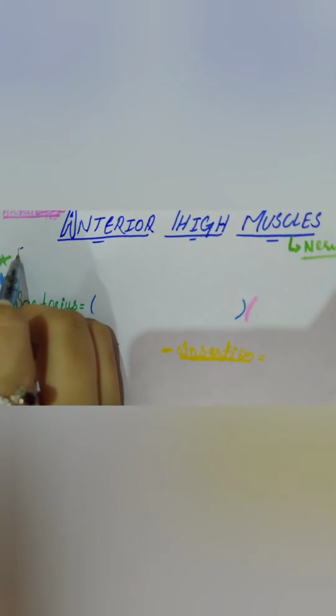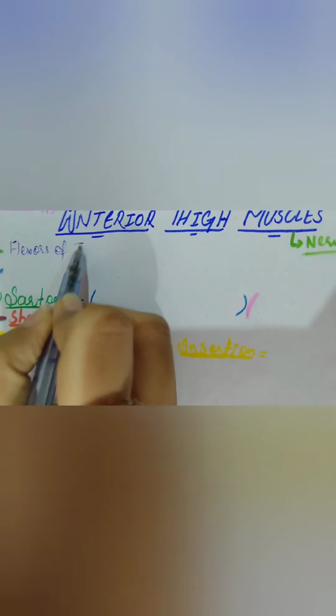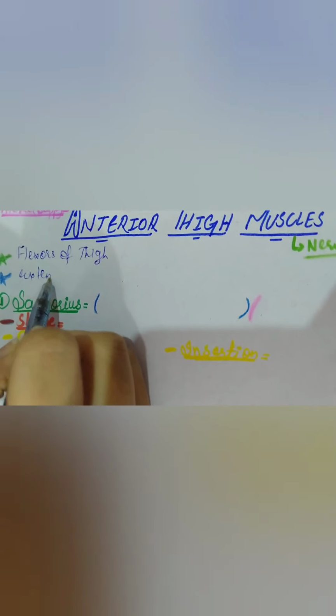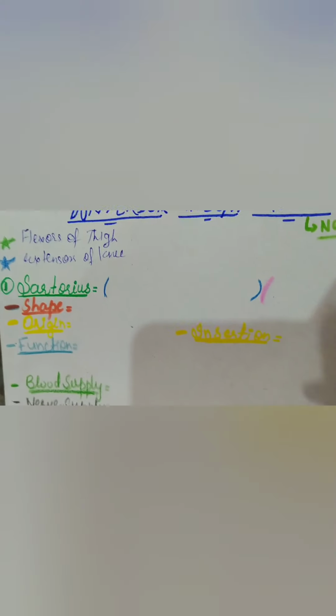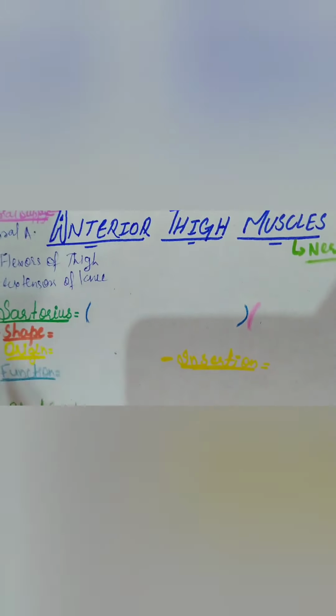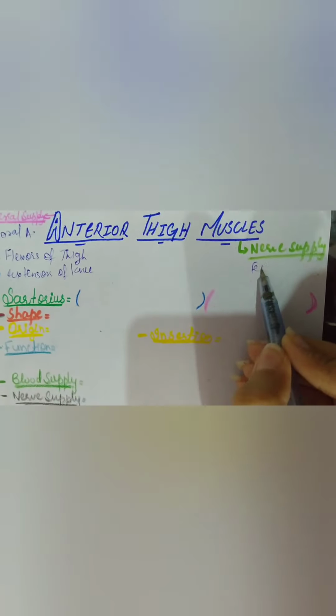So here I'm writing these are the flexors of thigh and extensors of knee. Their arterial supply is the femoral artery, the venous supply would be the femoral vein, and the nerve supply is the femoral nerve.